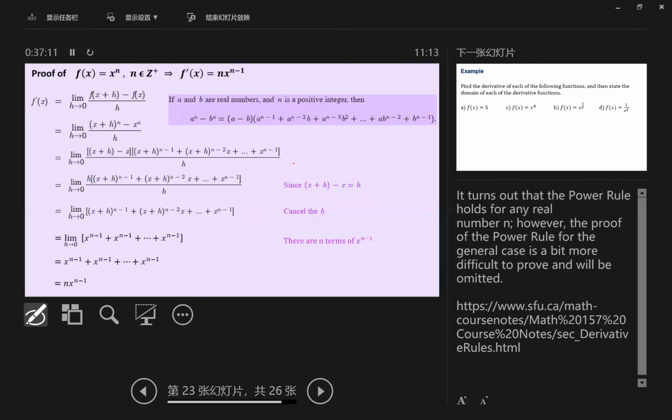If you have any questions, we can discuss the proof after this class, okay? Just have a look at that. Actually, we can prove that for any power function, the derivative is n times x to the power of n minus 1.